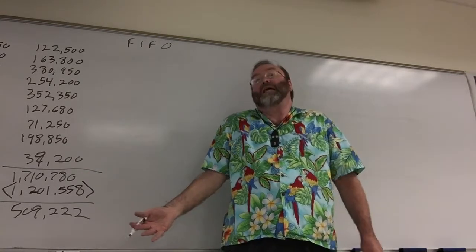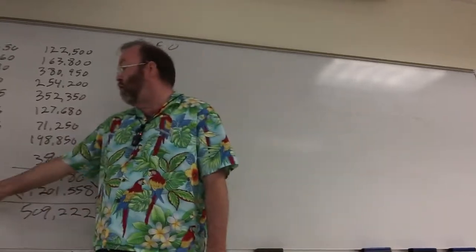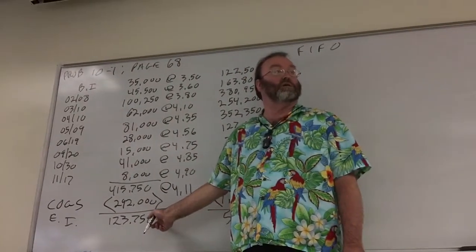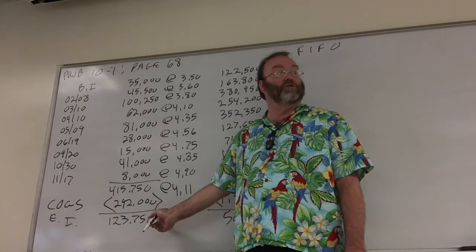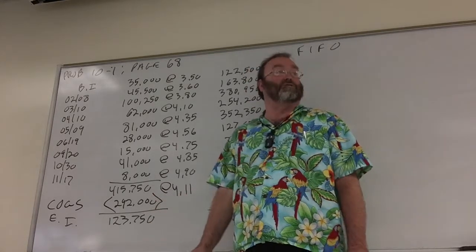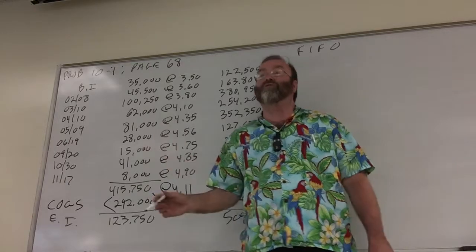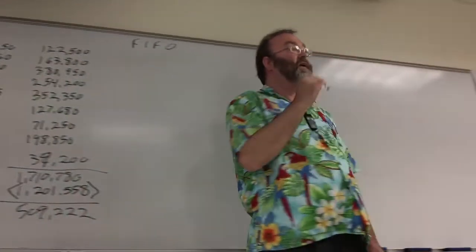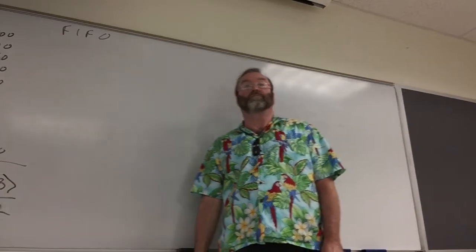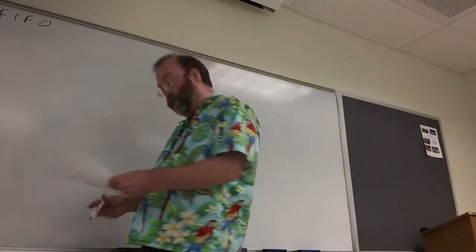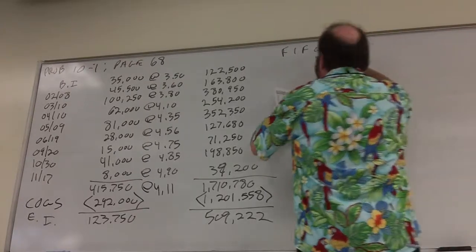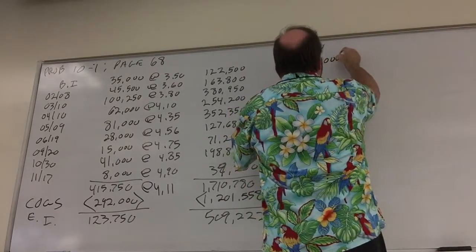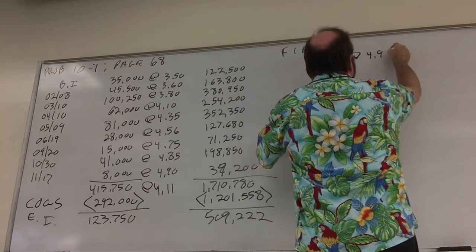All right? Ending inventory is normally the easiest one to solve for because it's got fewer units. We only have 123,750 units in ending inventory, whereas we sold 292,000. So under FIFO, which units are still in ending inventory? The most recent ones, exactly. So under FIFO, and I'm just going to do them in inverse order, we have the 8,000 units that cost us $4.90.